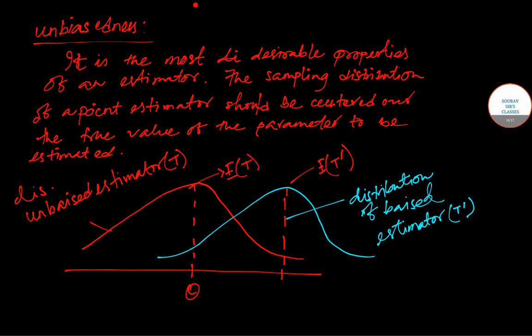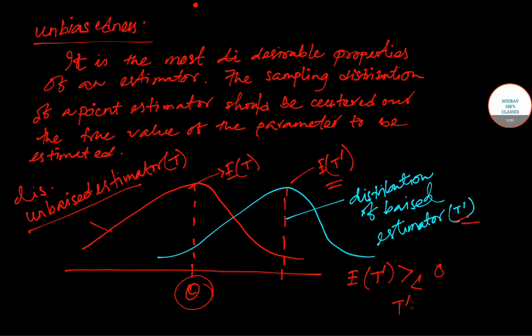So, from the picture, as we can see, for the unbiased estimator, the mean of the distribution will be closely equal to the true value of the parameter. If this is true, then we call T an unbiased estimator. But if the mean of the distribution of an estimator such as T prime is way above the true value of the parameter, then we say it is a biased estimator.